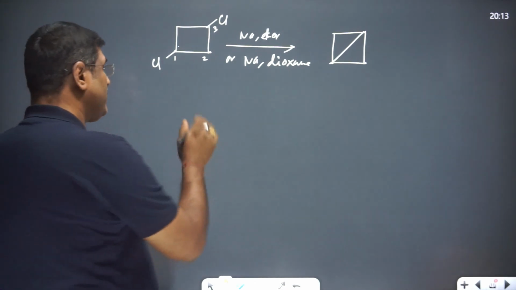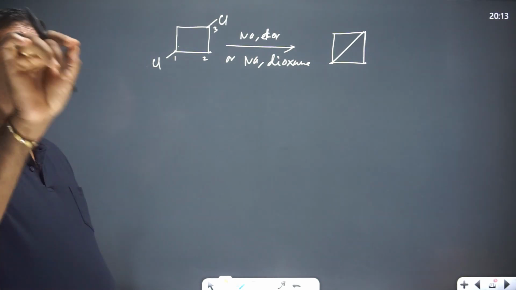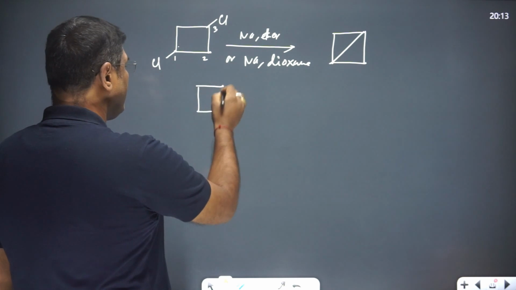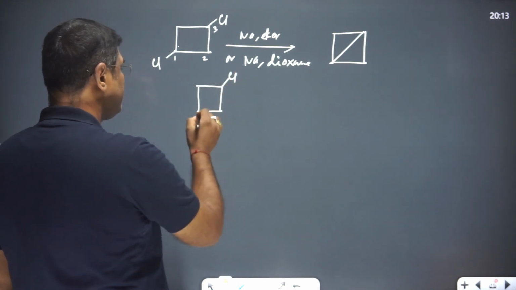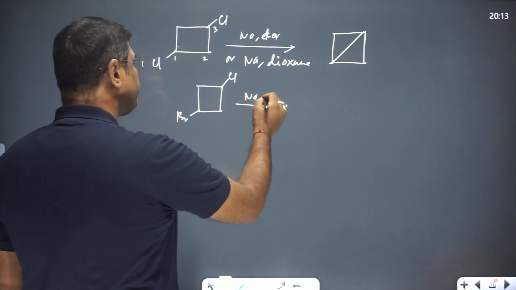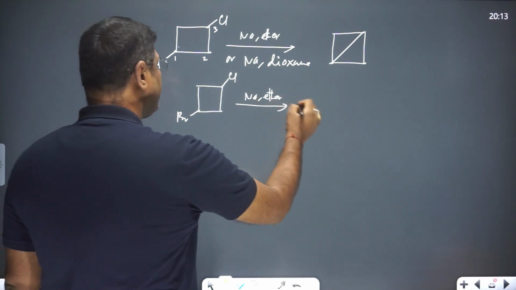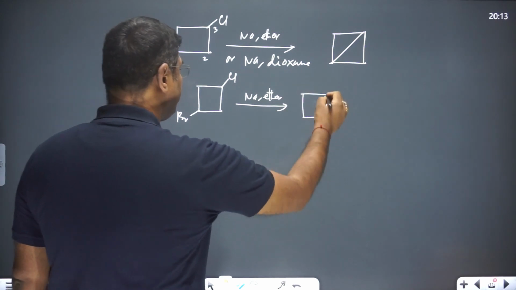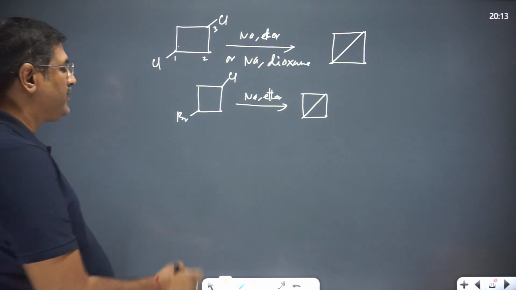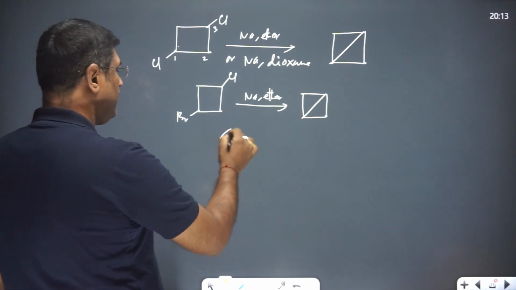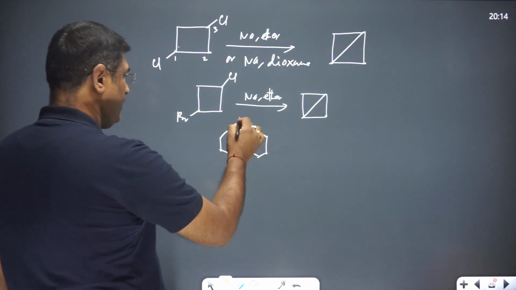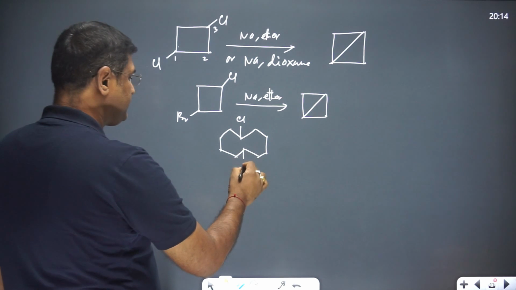The interesting point, as I mentioned earlier also, is that whether you keep the same halogen or a different one, Na in ether will give the same product. You can take some reactions like this.